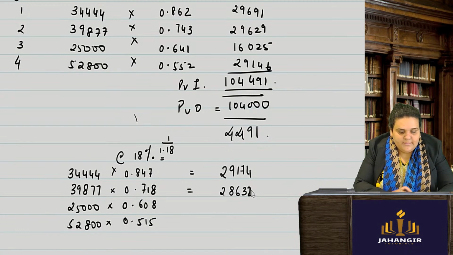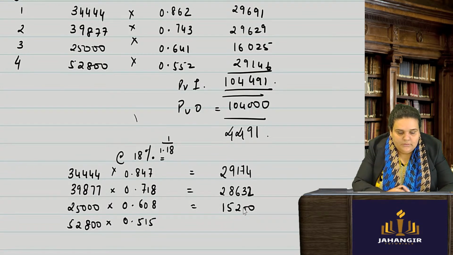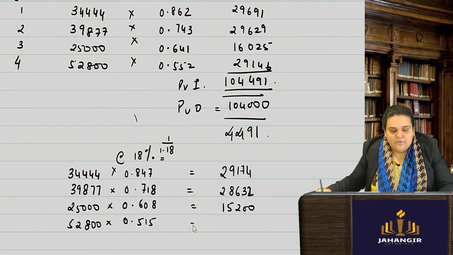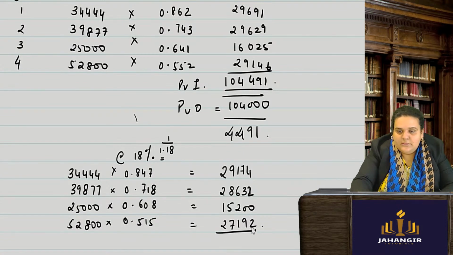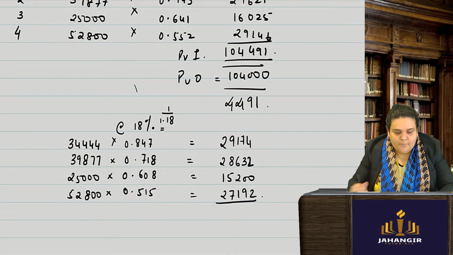25,000 into 0.608 is 15,200, and 52,800 into 0.515 is 27,192. Now let's total this: 29,174 plus 28,632 plus 15,200 plus 27,192.